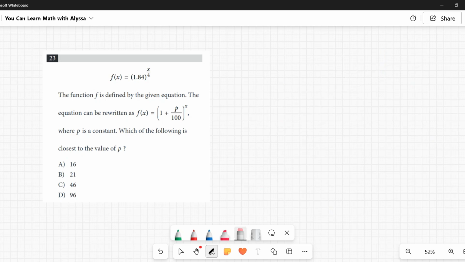So the next thing we need to realize is we've got two things that are equivalent to each other. We're saying f of x can be rewritten as this, so they are the same. So there is 1.84 to the power of x over 4.